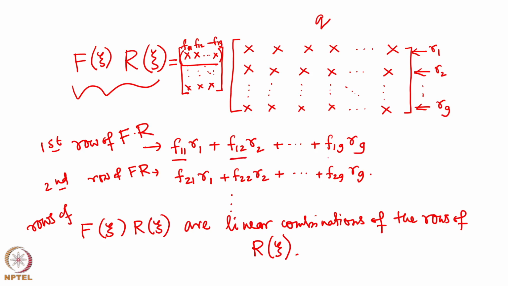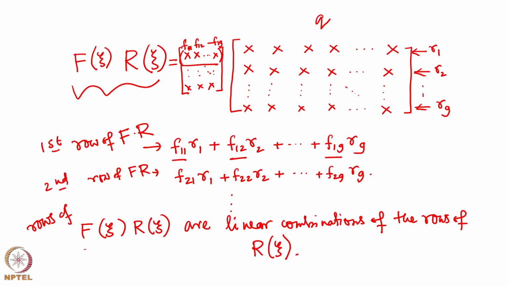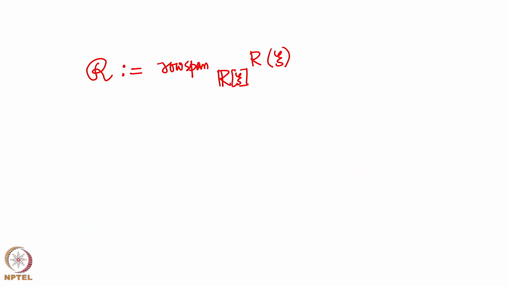See, F11, F12, all these are polynomials themselves, correct? So therefore, every row is in fact just a linear combination of the rows of this matrix R, which means every row in this product belongs to the row span of this matrix.